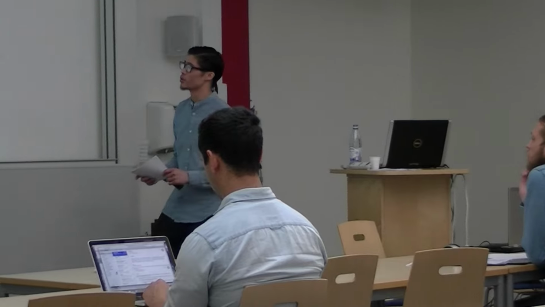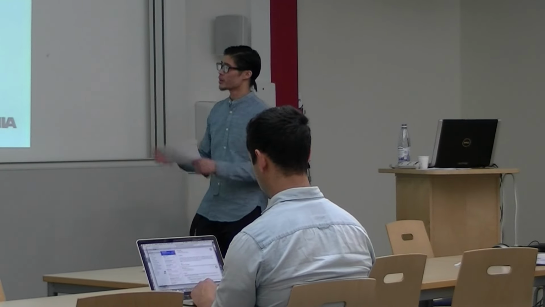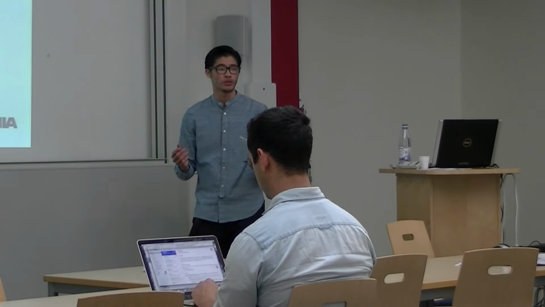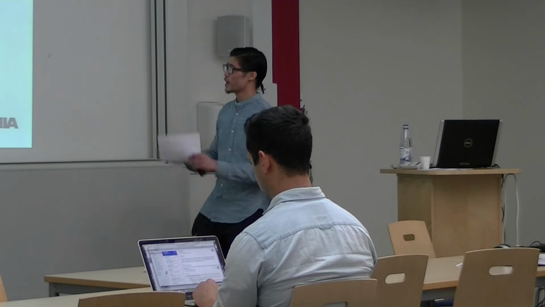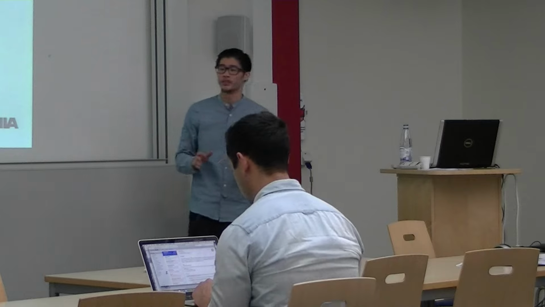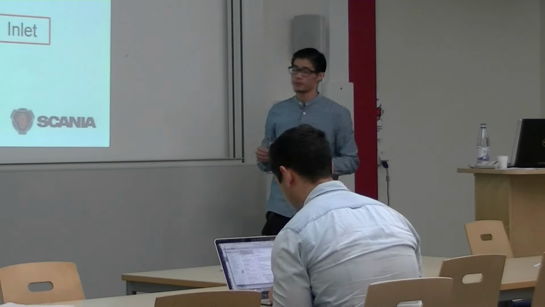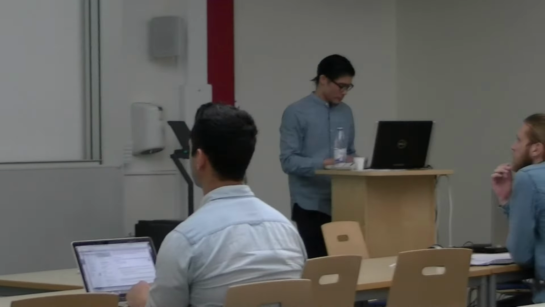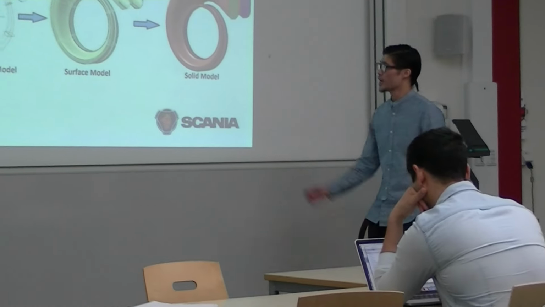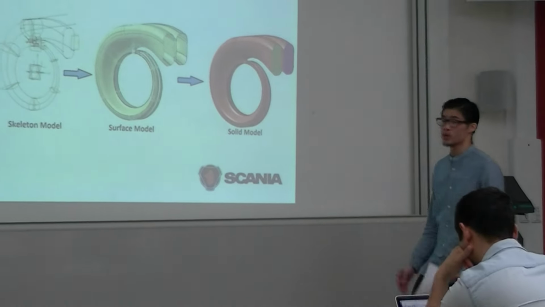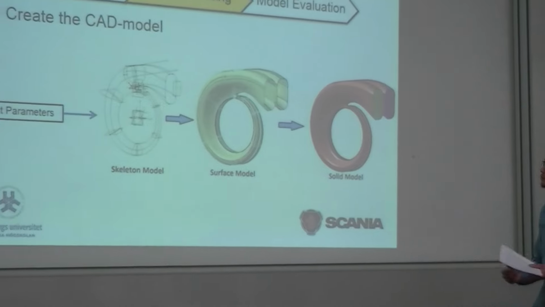In order to make other designers understand your CAD model, these divisions of the subgeometries are also highlighted in sketches, such as this one, and these sketches are then included in the pre-CAD documents. The creation of the CAD model goes through 3 phases, where we have first the skeleton model, or the wireframe model, as you would like to call it sometimes.